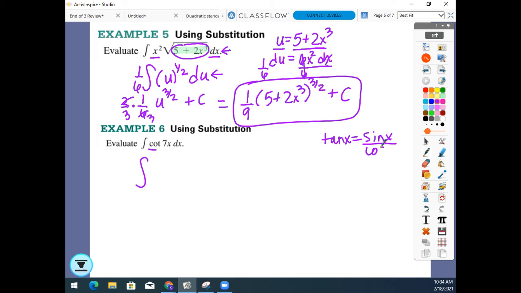Therefore, cotangent is cosine over sine. Okay, so we are going to do a couple of substitutions. First, I'm going to replace cotangent with cosine over sine.